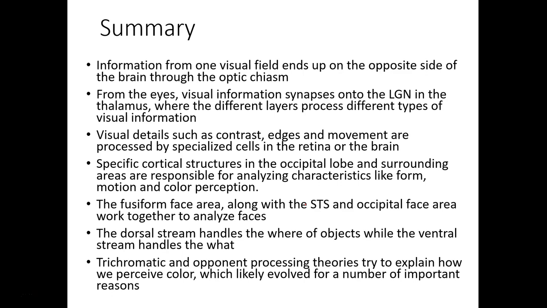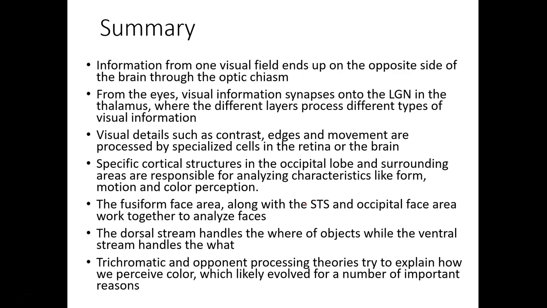Visual details such as contrasts, edges, and movements, as well as endpoints, are processed by specialized cells in the retina or the brain. So contrast, remember, was processed by those on-center and off-center cells in the retina, but then you have edges and movement and endpoints detected by the simple, complex, and hypercomplex cells. Specific cortical structures in the occipital lobe and surrounding areas are responsible for analyzing characteristics such as form, motion, and color perception.